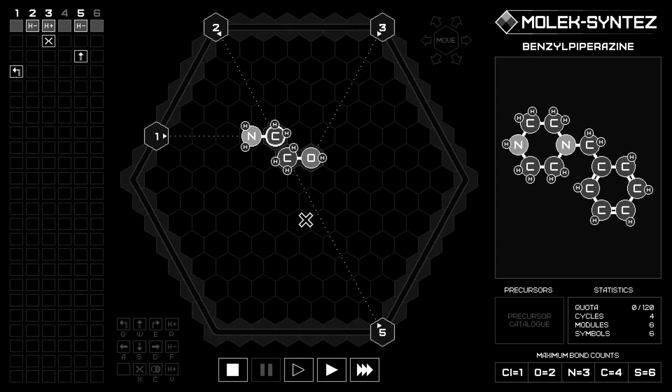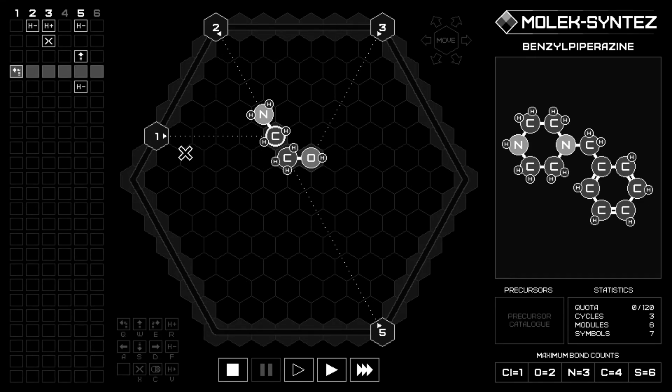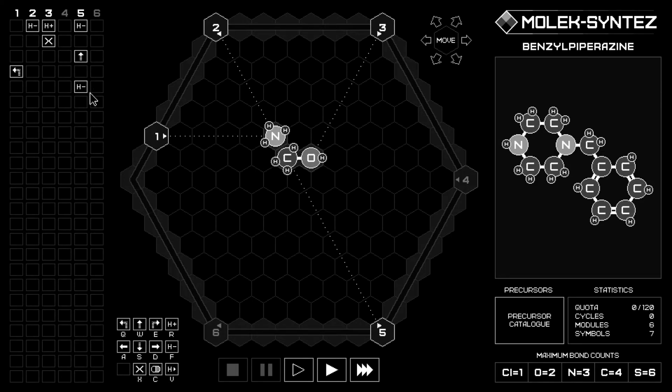You could imagine just removing a carbon from here, say. So that's a good next step, or a hydrogen, while we also add a hydrogen here and delete this.